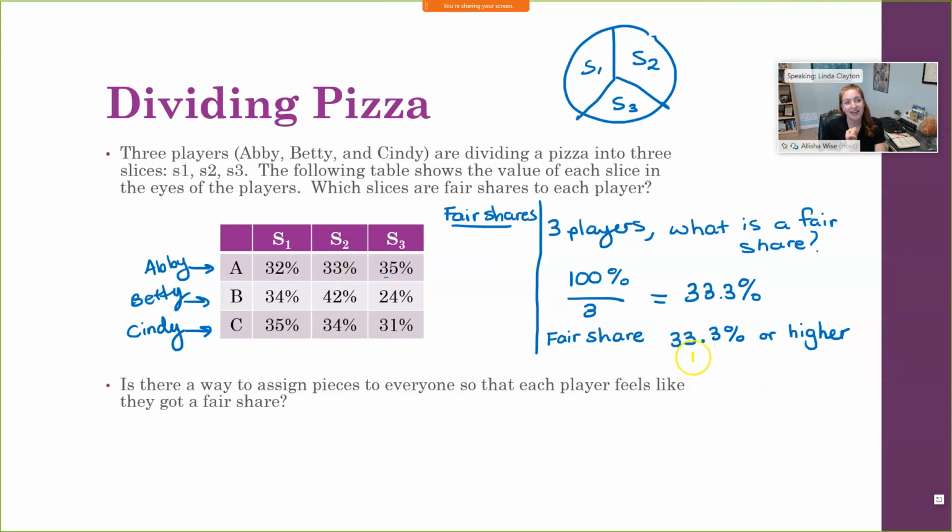But it's missing that 0.3%, and that does make a difference. So that's the only tricky one here, guys. But S2 would not work. It has to be that decimal or higher. It can't be lower. So we're going to look at the whole number when we're trying to give a fair share for everybody. So it looks like Abby's only fair share is S3.